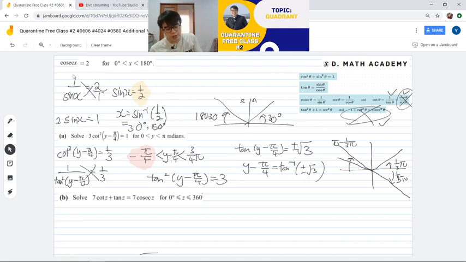So we cannot incorporate these results here. So you will get two results, which is y minus pi over 4 equals 1 over 3 pi, as well as 2 over 3 pi.